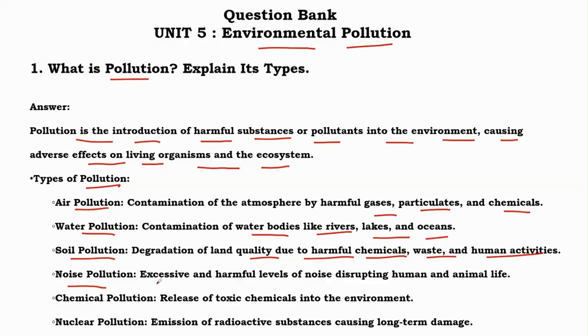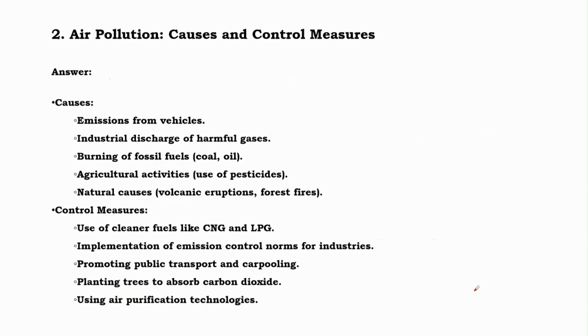Noise pollution is excessive and harmful levels of sound disturbing human and animal life. Chemical pollution is the release of toxic chemicals into the environment. Nuclear pollution is emission of radioactive substances causing long-term damage.